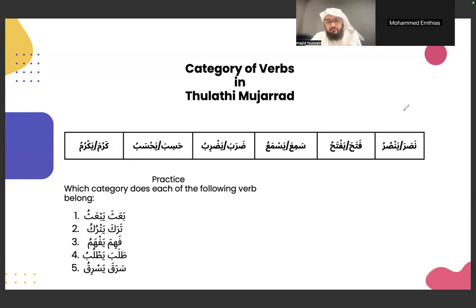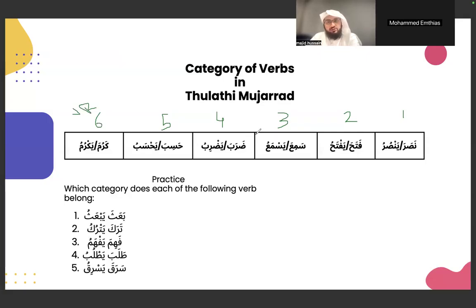This is category number 1, this is category number 2, this is category number 3, category number 4, 5, and this is 6. This is very rarely used. Very rare.